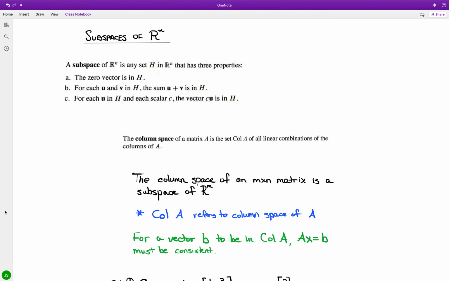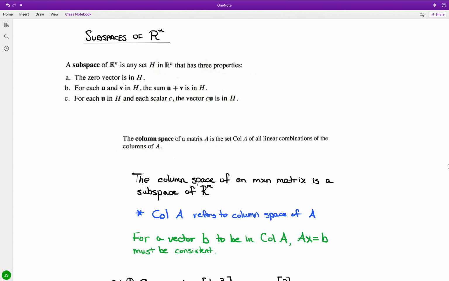What we will be looking into in this section are the column and null spaces of matrix A. First, within the subspaces, we have the column space.